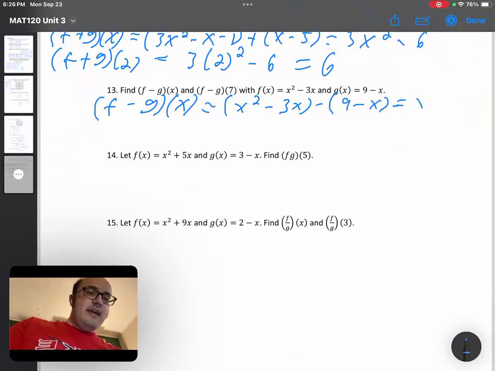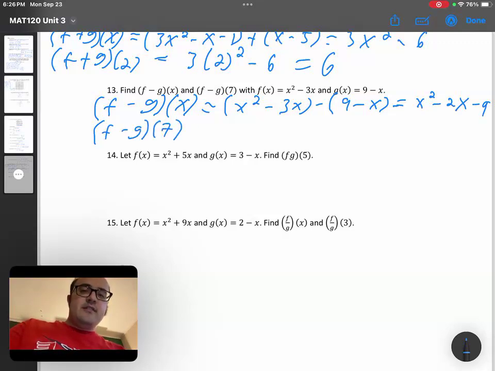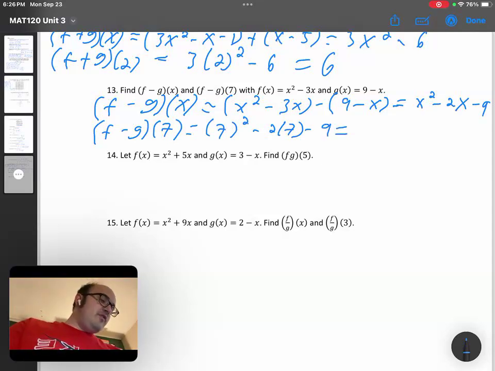This will make x squared minus 2x minus 9. And then popping in the 7, so f minus g of 7, 7 squared minus 2 times 7 minus 9, so 49 minus 14 minus 9 will give us a value of 26.